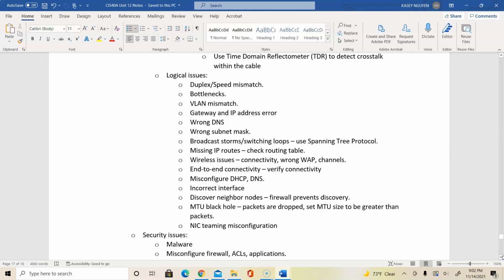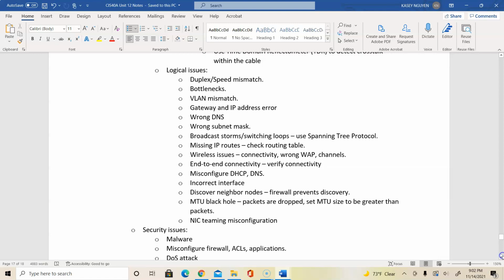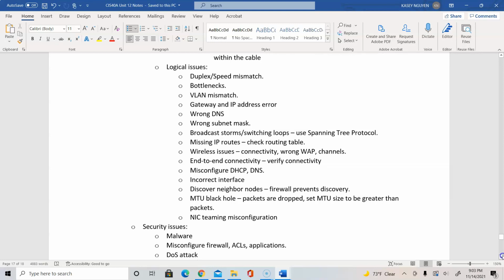So some of this would then be resolved by tracing back the issues from the configuration side and using the utilities and commands in your command line to resolve some of the problems, such as nslookup for wrong DNS, or looking at ipconfig or ifconfig to look at your IP address.